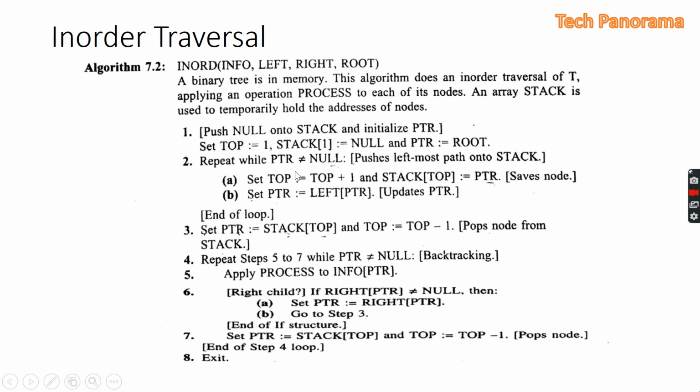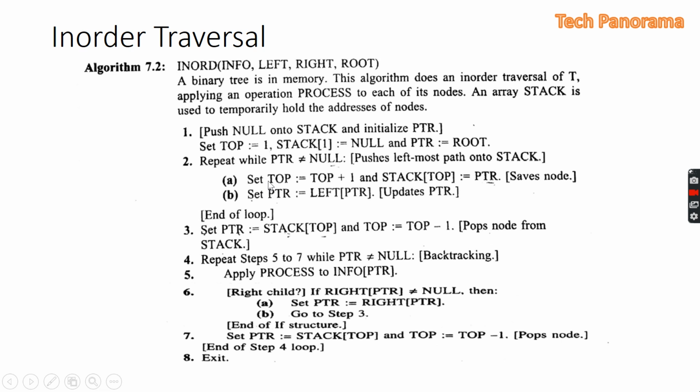So first we will move to the leftmost path, pushing each element to the stack. Here the process of pushing goes on till the PTR is not equal to null. So first we will push the element into the stack: top is equal to top plus 1 and the stack of top is equal to PTR, and the PTR will point to the left of PTR.